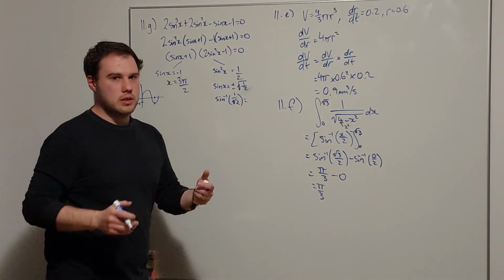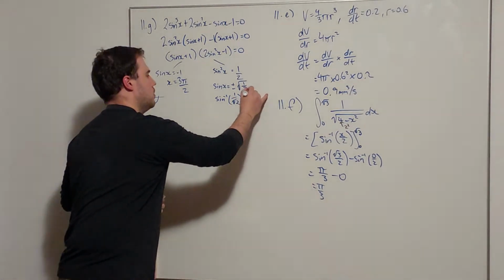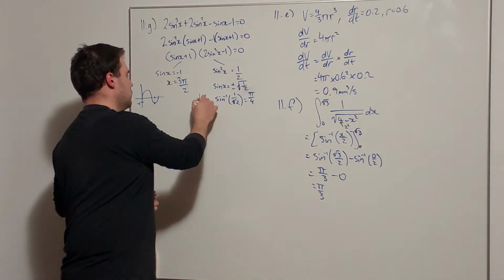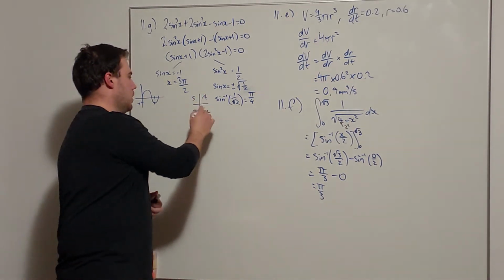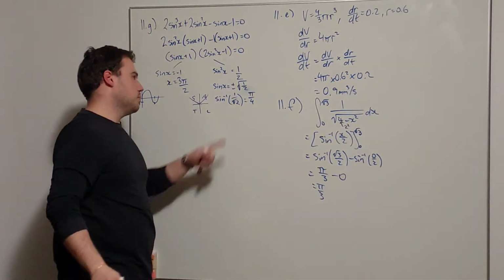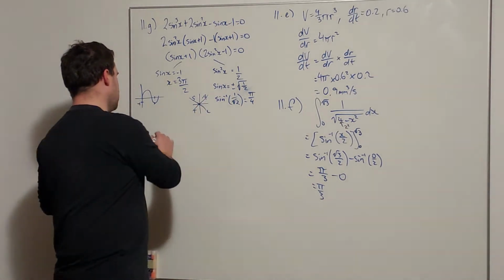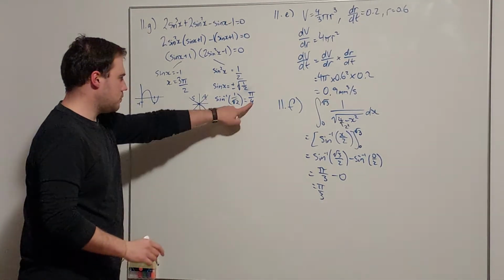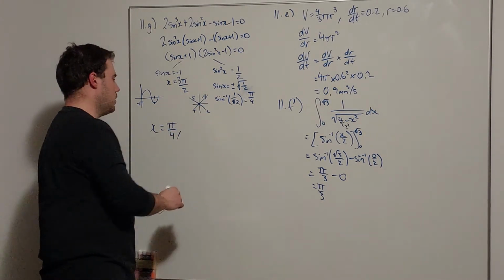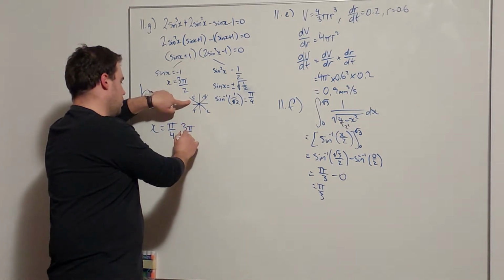So let's just check what this is. I'm going to take the acute angle first, so that's going to be 45 degrees or pi on 4, and then the other positive ones there, but because we've got the negative ones as well, we're going to have there and there. So pi on 4, pi minus pi on 4 is going to be 3 pi on 4.